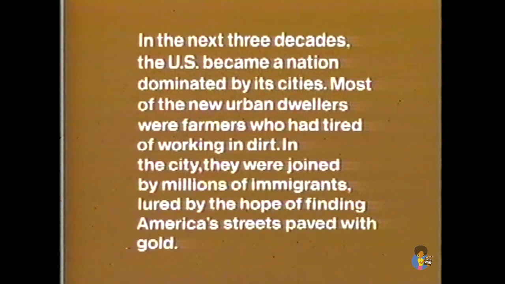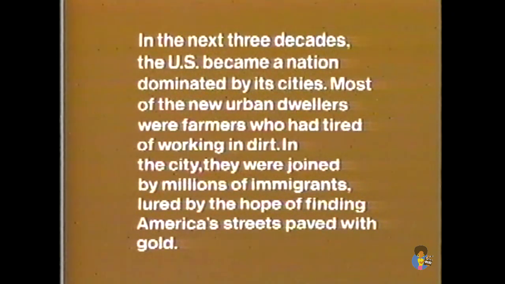Here's a good example. In the next 3 decades, the U.S. became a nation dominated by its cities. Most of the new urban dwellers were farmers who had tired of working in the dirt. In the city, they were joined by millions of immigrants, lured by the hope of finding America's streets paved with gold.